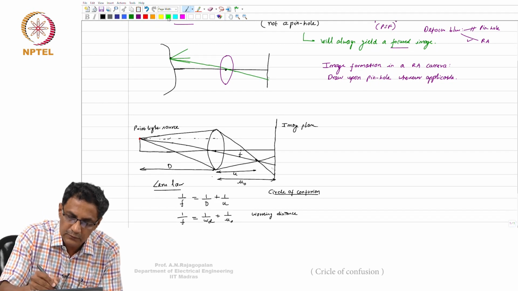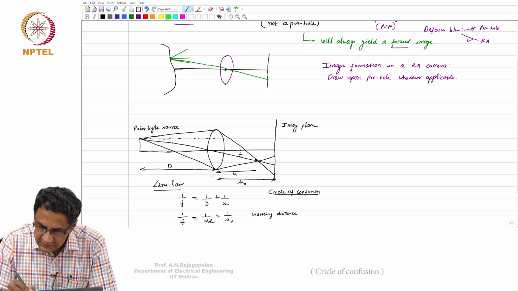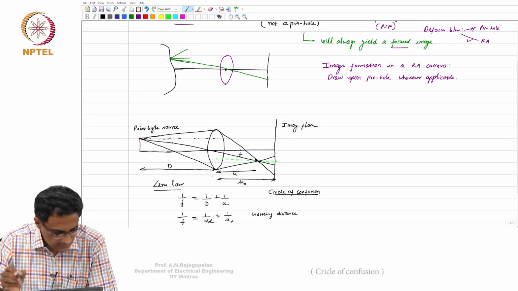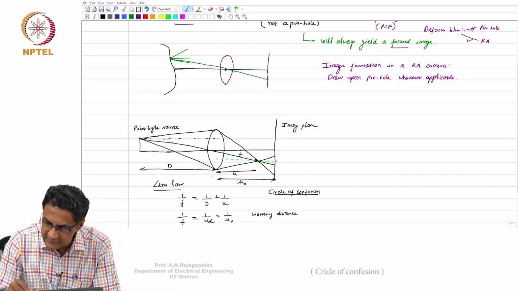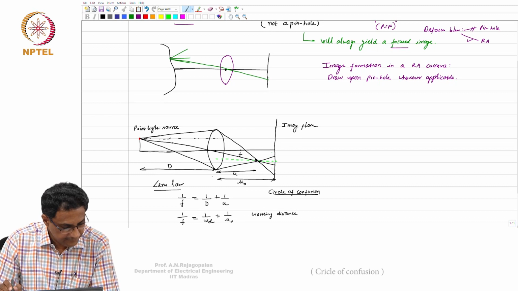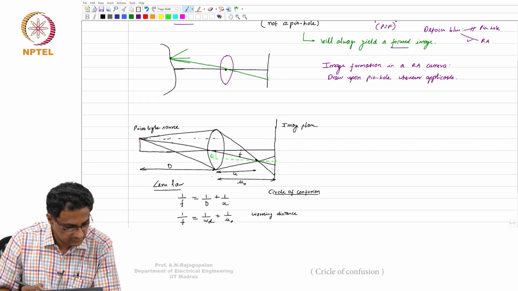I'm going to draw. The nice thing about this tablet is that you can draw with these colors and all. So this is a line parallel to the optical axis, and we are going to call this epsilon. Very good.